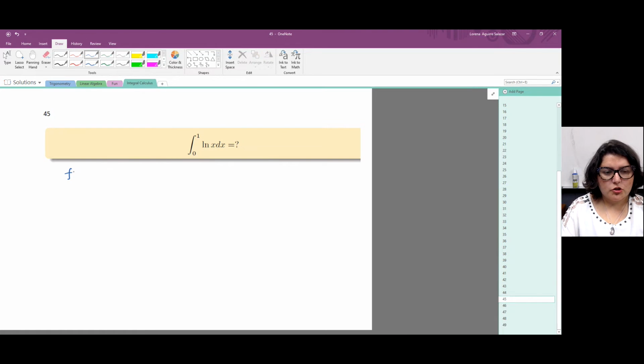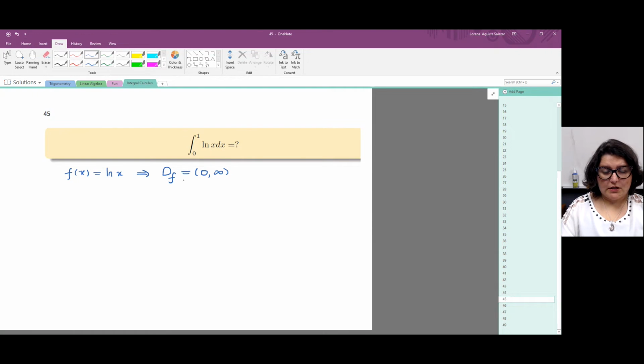Now notice that the function we're integrating, the integrand, has some issues at values of x that are negative or 0. So here we can say that the domain of this function is the set of numbers that are strictly positive.